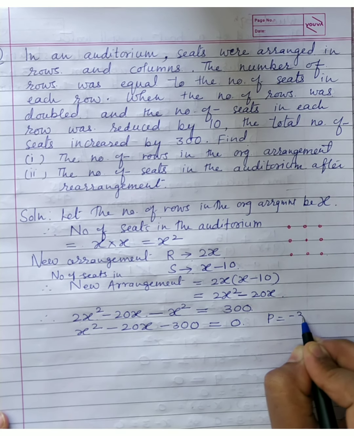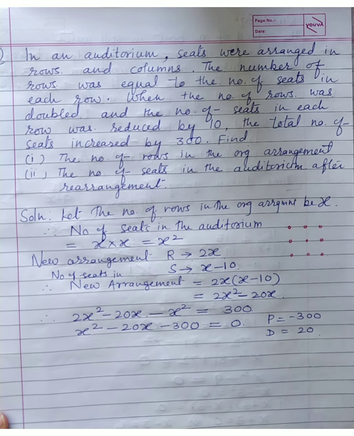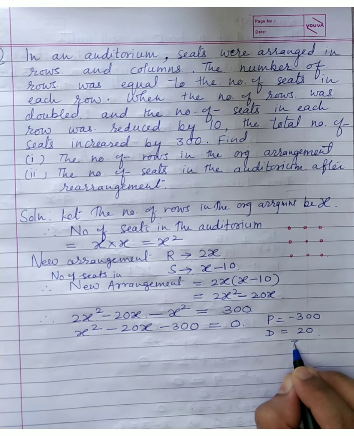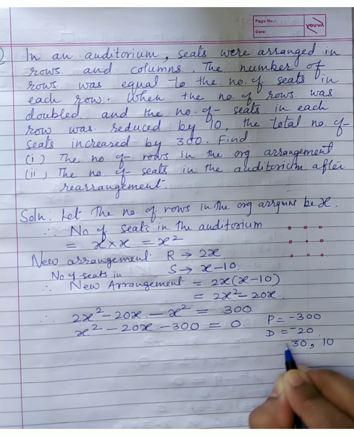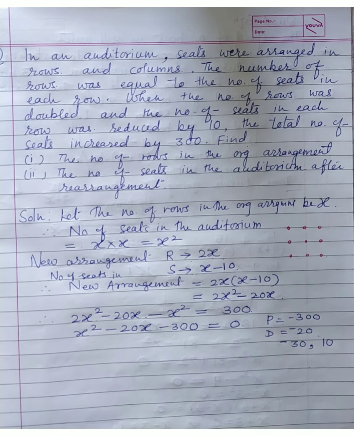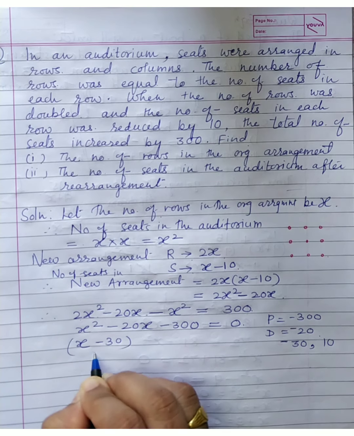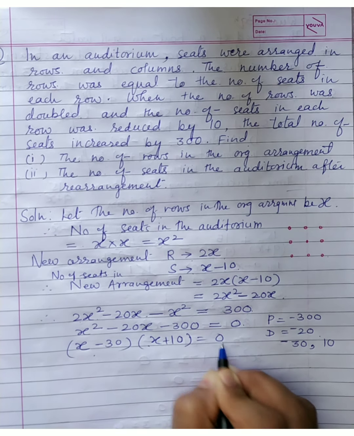Product is minus 300, so the difference is 20, and the numbers are very simple. 30 and 10 we can have, right? Minus 20, so minus 30 and plus 10. Direct factors? Yes. x minus 30 and x plus 10 is equal to 0.